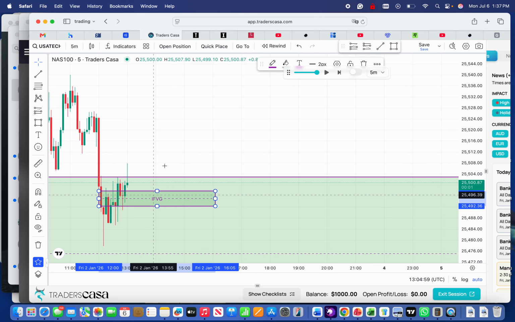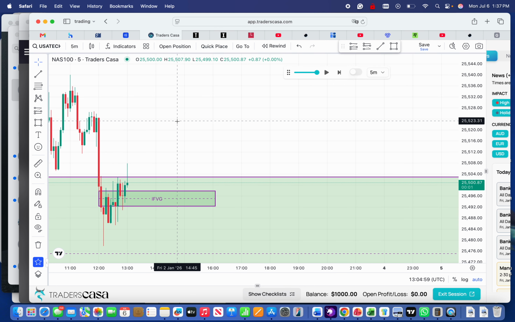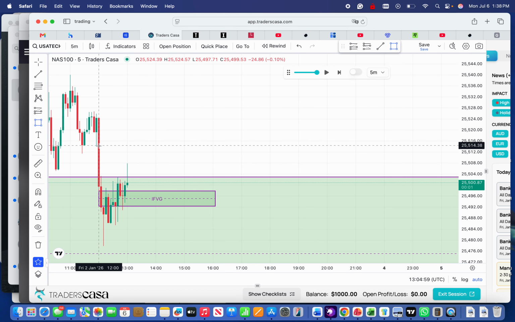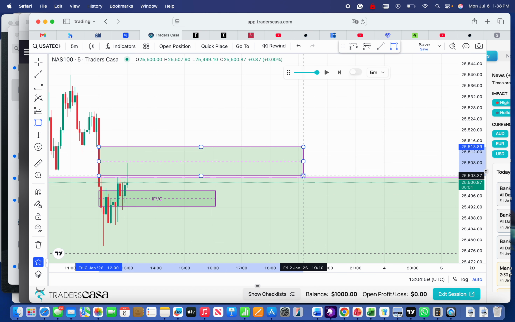Okay, so that made that an inverse fair value gap. Now the only reason why I wouldn't take this trade would be because of this gap right here. It's a very big gap.